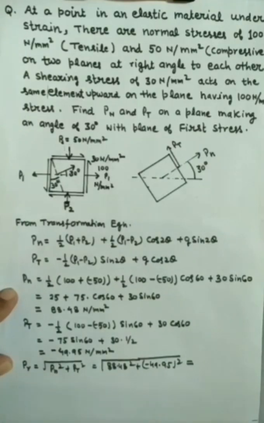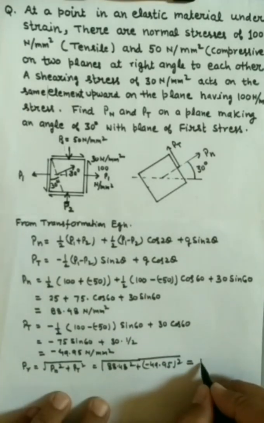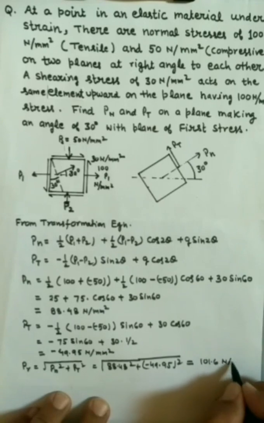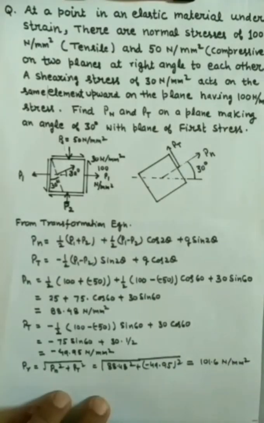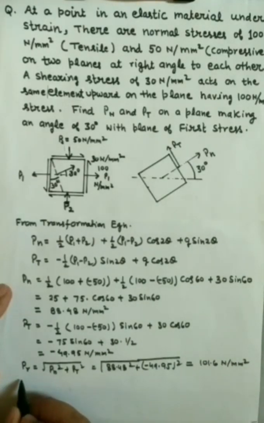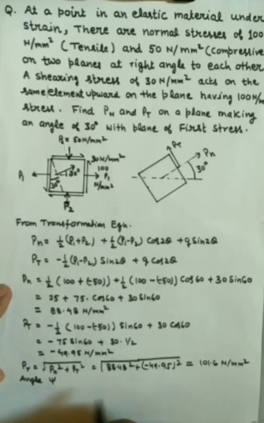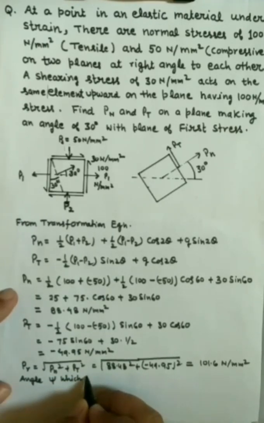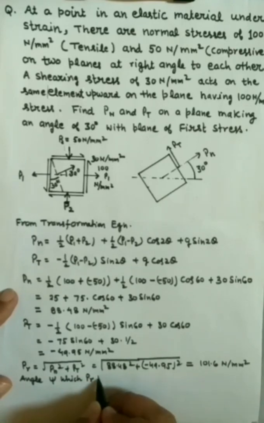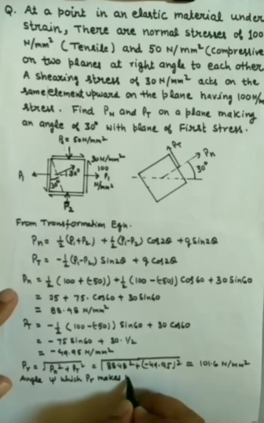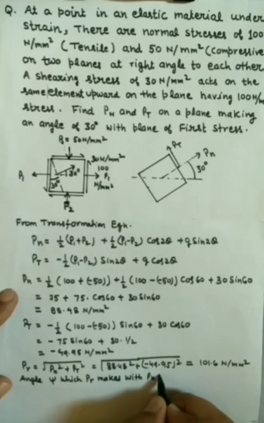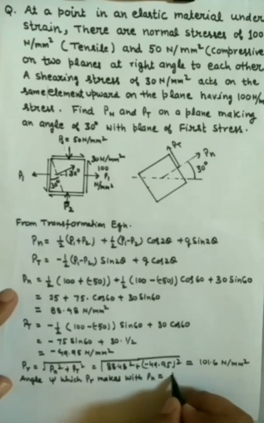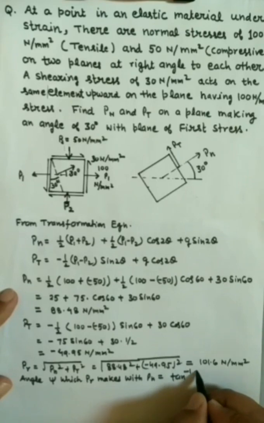So which gives a value of PR equals to 101.6 Newton per mm square, and the angle psi, which the resultant PR makes with the normal component Pn, is given by psi equal to tan inverse Pt by Pn.